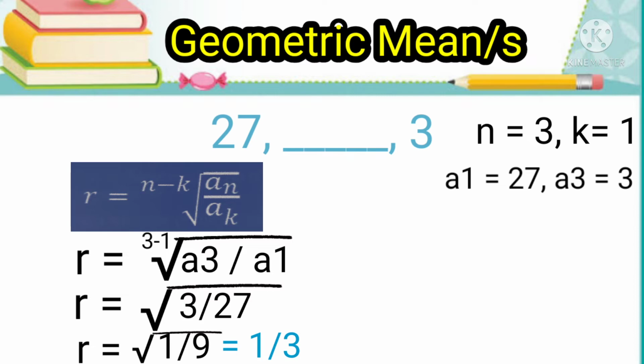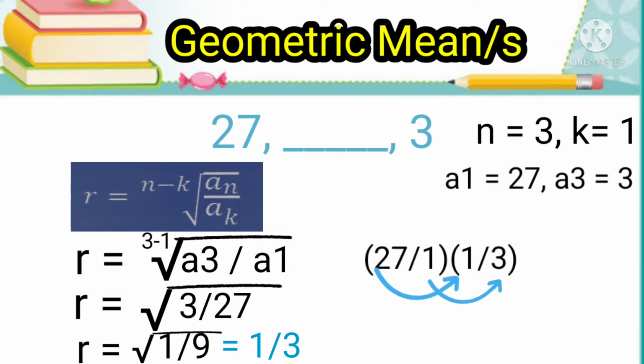Since we have obtained the value of r, we can now solve the missing term by multiplying 27 by its common ratio, which is 1/3. 27 is also equivalent to 27 over 1. So to multiply 27 and 1/3, we will multiply these two numerators and multiply also these two denominators.